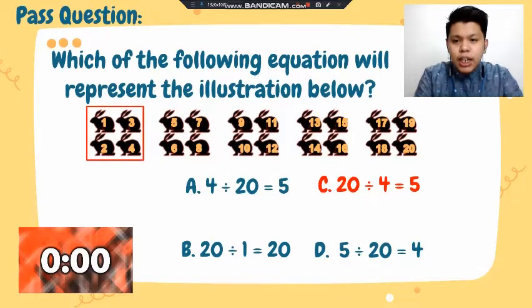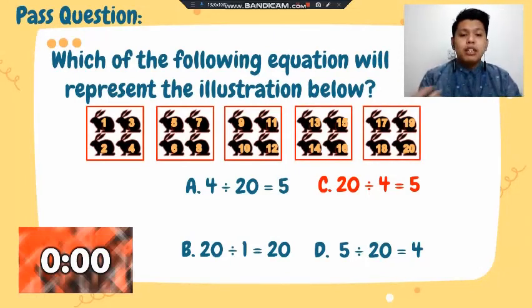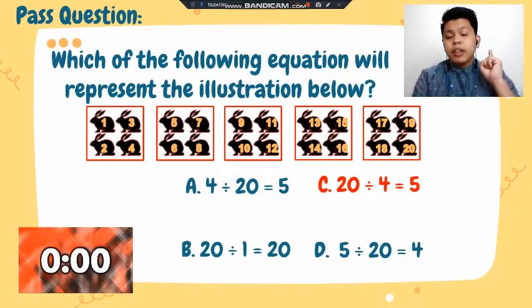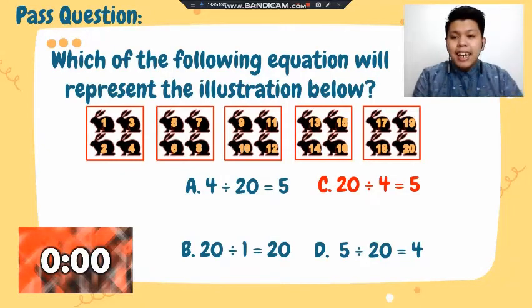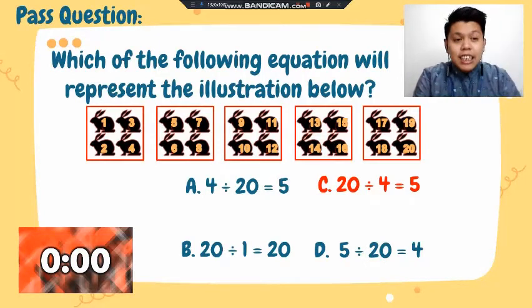So we have 1, 2, 3, 4, 5. So place them in a group. Now, the first option that you can do is to count how many rabbits are inside of each group, which we have 4 rabbits in each group. So the one we're looking for is how many groups are formed. So there are 5. Correct.